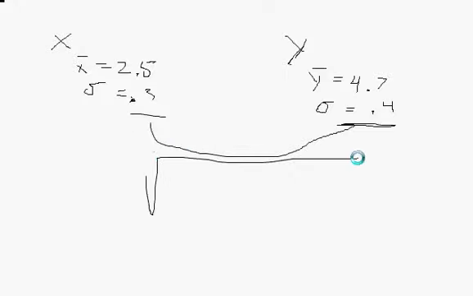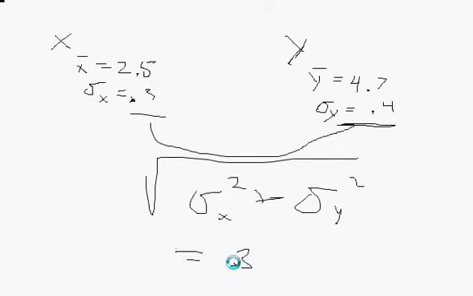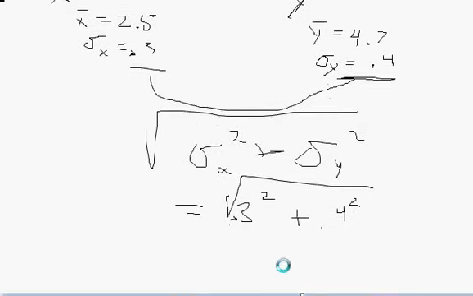So the standard deviation is the square root of standard deviation of X squared plus standard deviation of Y squared, which equals the square root of 0.3 squared plus 0.4 squared, which equals 0.5. That's the only standard deviation there. Circle E and you're done.